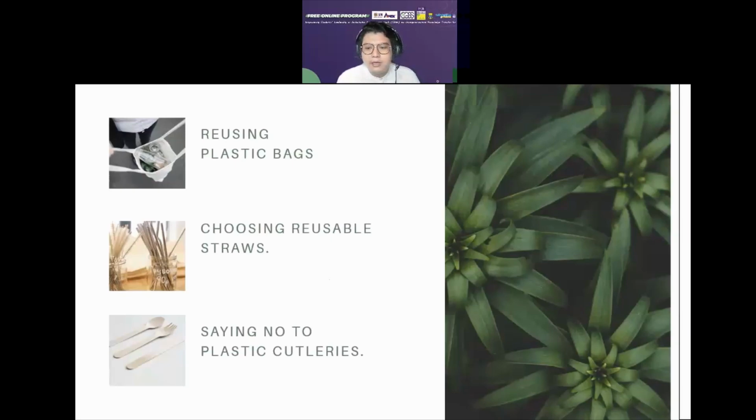So we can avoid that scenario by using metal or bamboo straws, and we should say no to plastic cutleries when we buy nasi lemak from the stall beside the road. Sometimes they give us those small plastic spoons, so we can just say no, we refuse it, and we can bring our own metal cutleries from home, or we can buy those reusable cutleries.